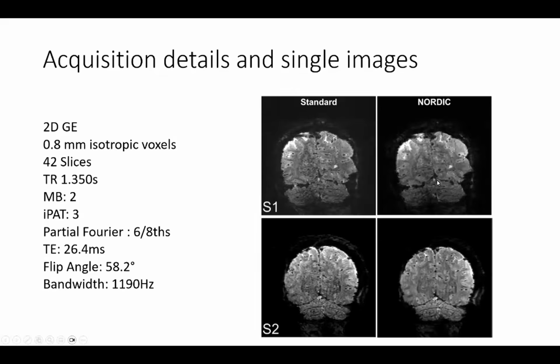I hope that even just by visual inspection, you can see that, especially in the middle of the brain, further away from the coil, where thermal noise is more prominent, NORDIC seems to be doing a good job at cleaning it and getting rid of this speckly noise. Obviously, it's just visual inspection, so it's not that clear, I'm sorry.